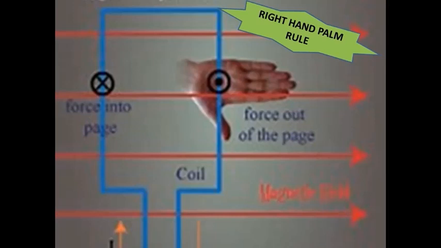So this right hand palm rule is more effective in finding the force experienced by the current carrying wire. Another rule too is there that we will come to study when we come to the moving coil galvanometer, but right hand palm rule I find more easy to understand.